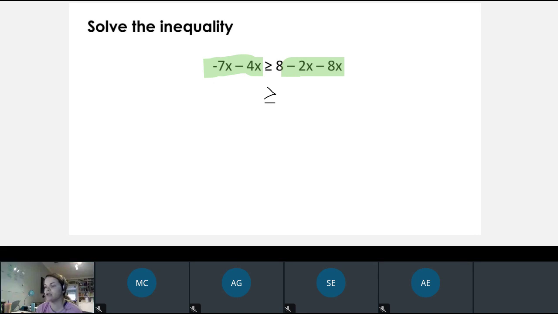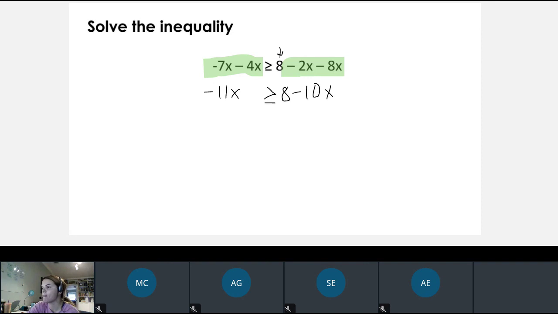Alrighty, so when we take negative 7x and subtract 4x from it, we're going to get negative 11x. And on the right-hand side, I have negative 2x minus 8x. So this original 8 is going to stay, and I have negative 10x.